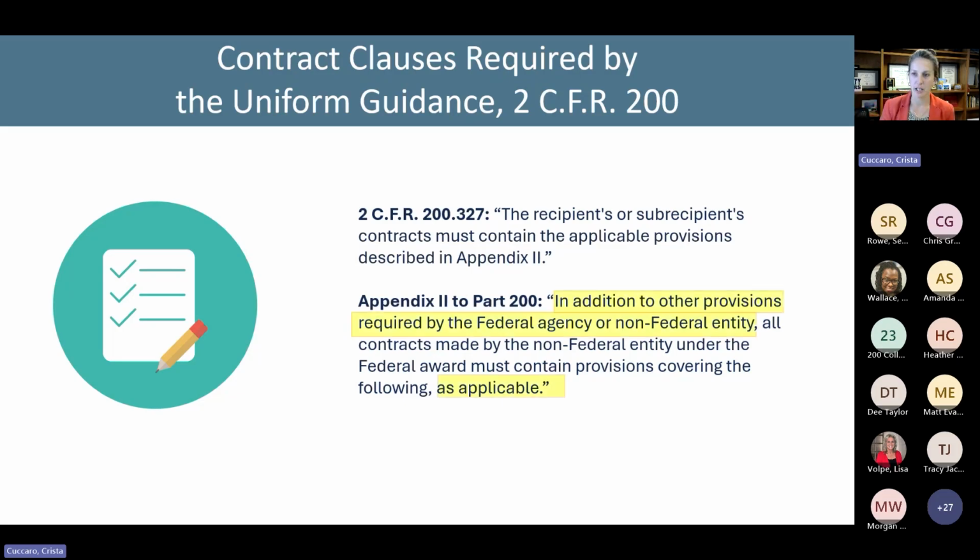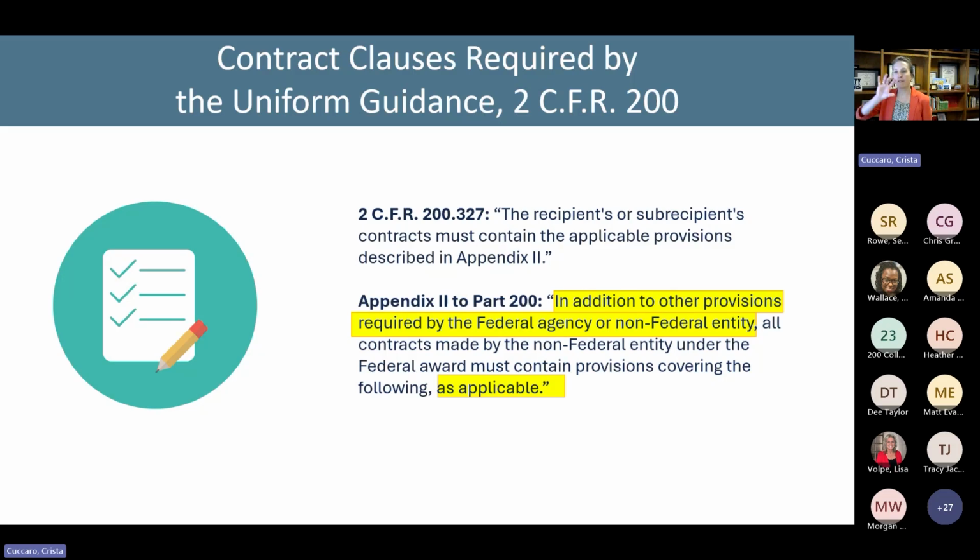A couple of things I want to point out about that Appendix 2 language. What it says first is, in addition to other provisions required by the federal agency or non-federal entity, which would be the state in this case, all contracts made by the non-federal entity under the federal award must contain provisions covering the following as applicable.